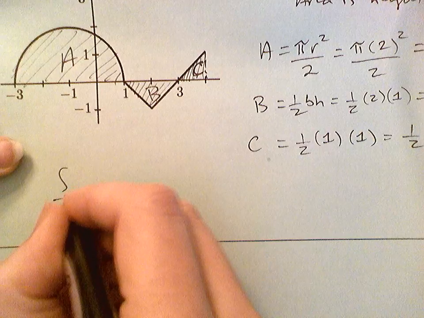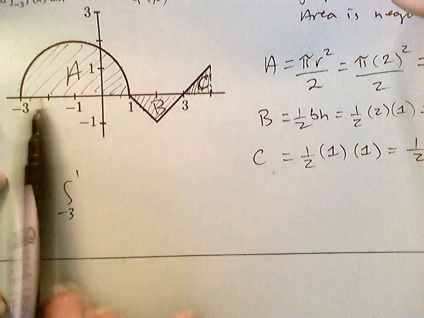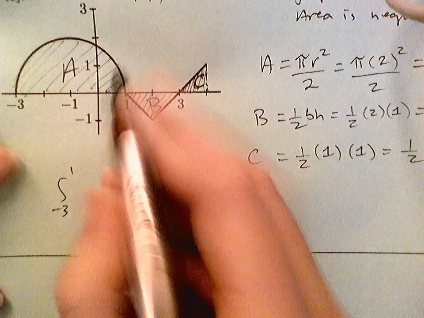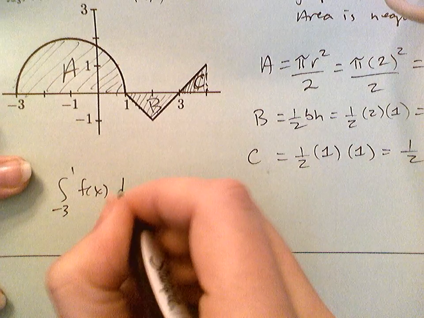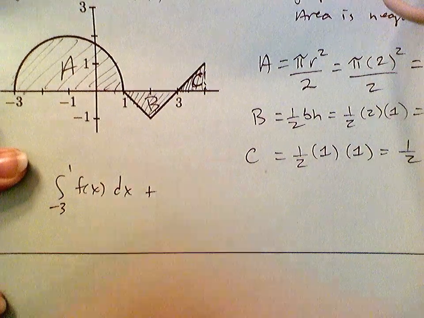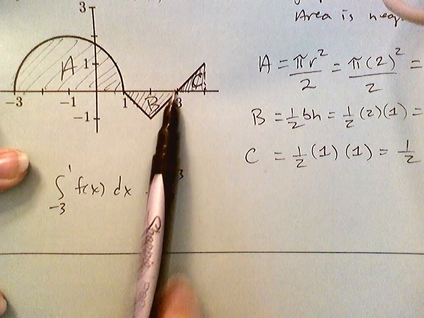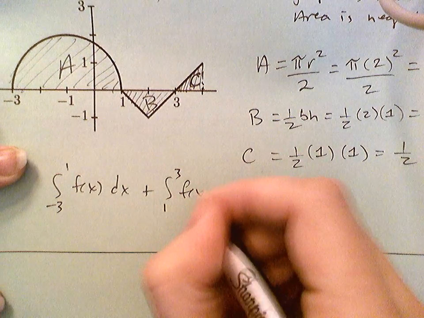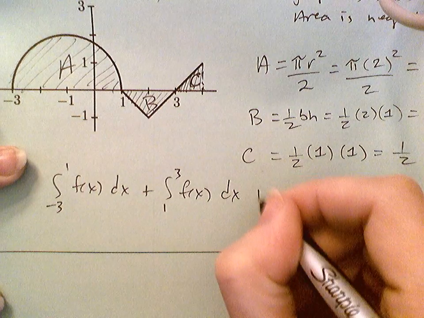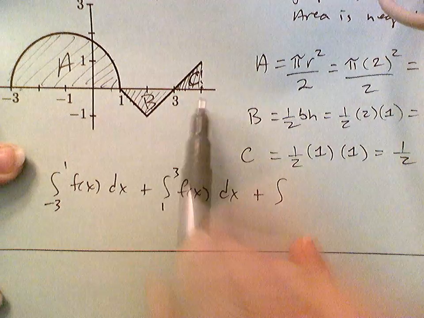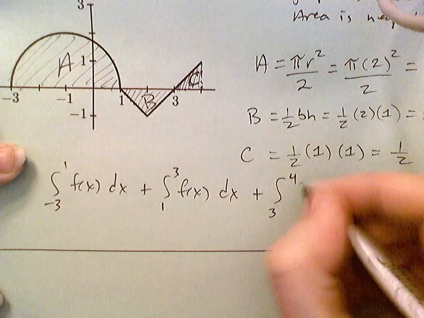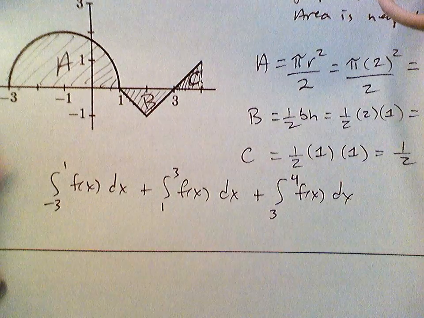The integral from -3 to 1, that would be this first section, of f of x dx, plus the integral from 1 to 3, that's that triangle there, f of x dx, plus the last piece is the integral from 3 to 4, f of x dx.